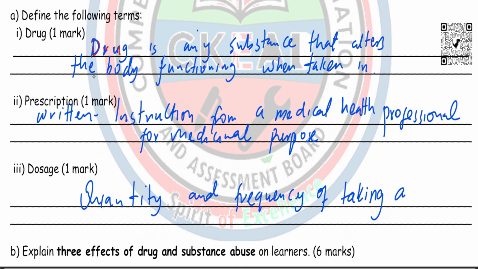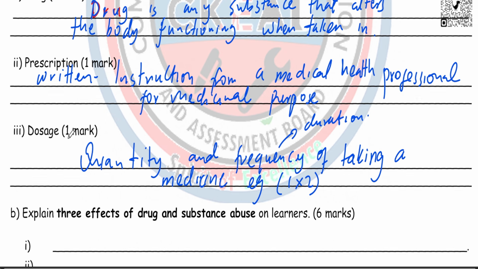For example, you may get from your medicine 3 times 1, you take three tablets once, or maybe 1 times 2, take 1 tablet 2 times a day. So the frequency is the duration, and the quantity is the amount. So yeah, it's not that hard.